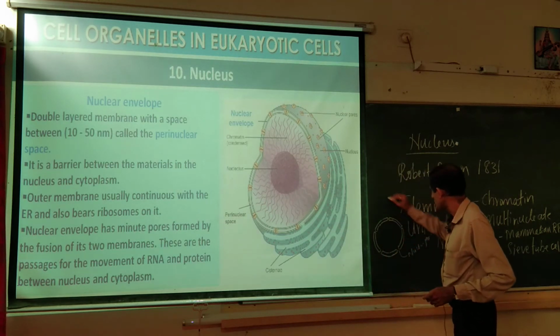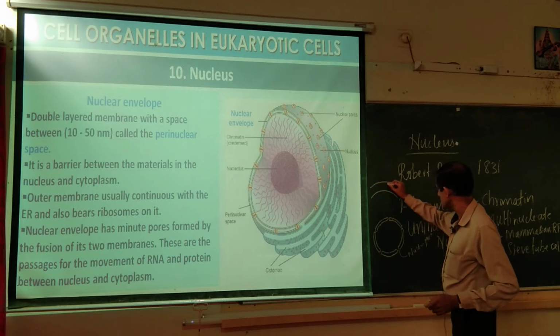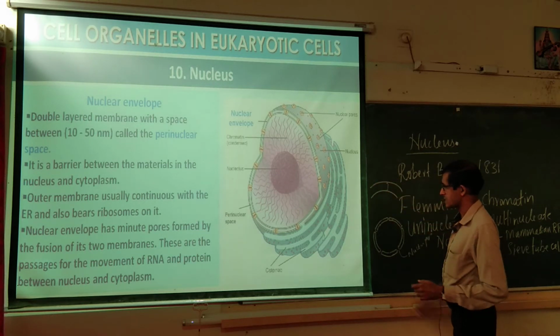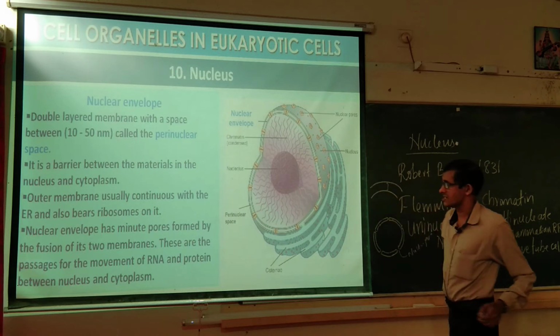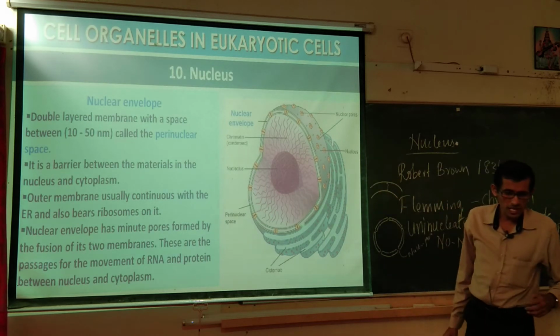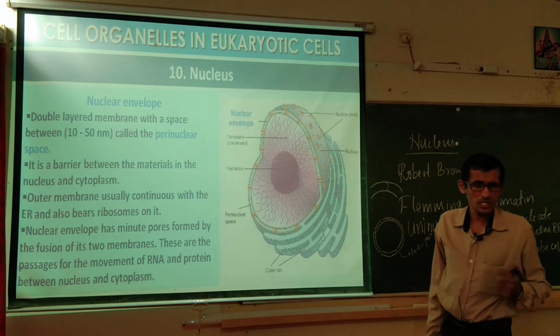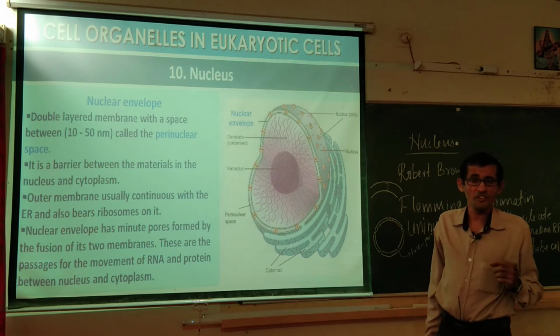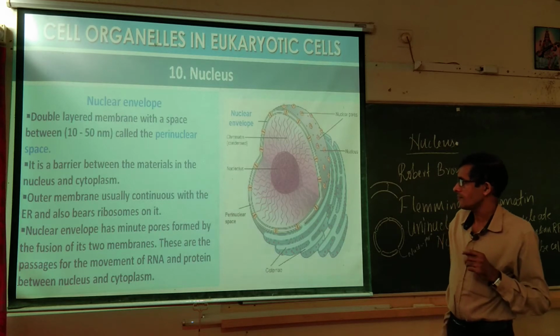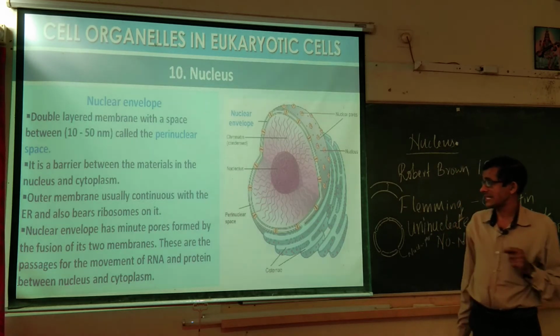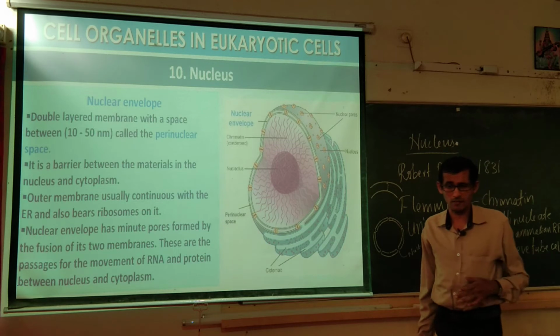So, that is what the perinuclear space is. And the total width of that space is about 10 to 50 nanometer, and it is a barrier between the materials in the nucleus and the cytoplasm.